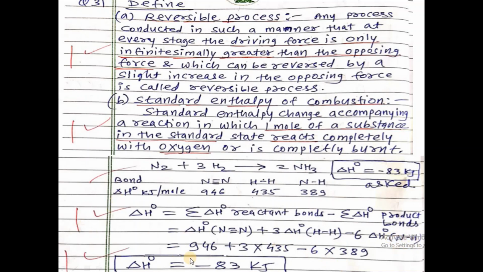If we calculate all these things, you will get delta H0 is equal to minus 83 kilojoules. And this is the scheme of marking.